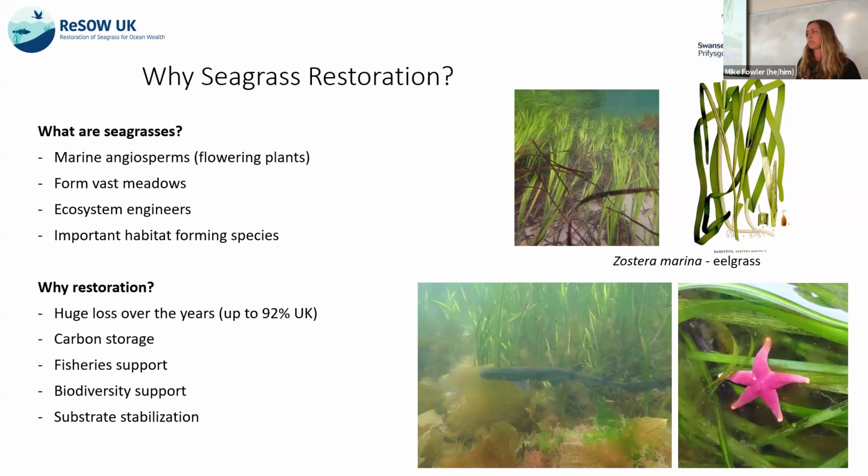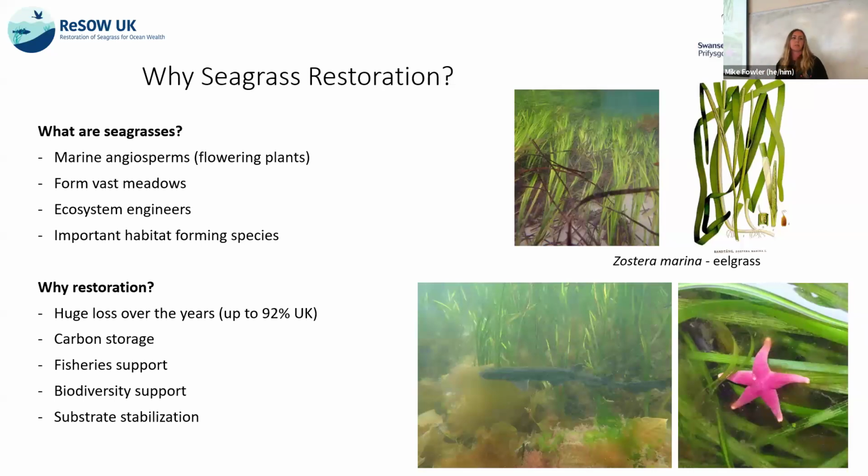They're ecosystem engineers. The leaves of seagrass meadows within the water column can slow down and baffle water movement. This allows the settlement and filtering of particles out of the water, which makes the water clearer, which is really important if you're a marine plant, because you need light in order to photosynthesize.